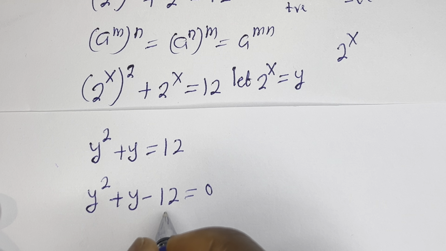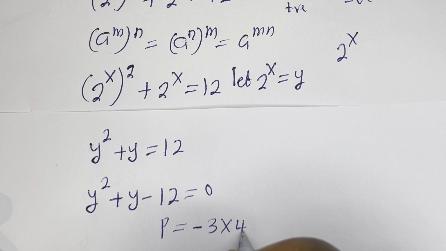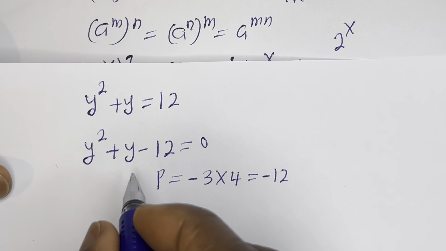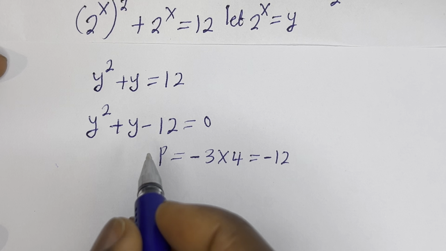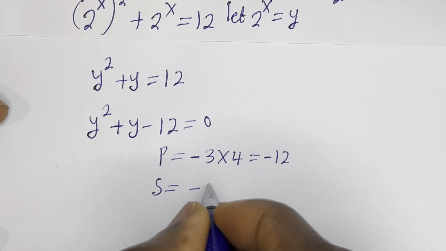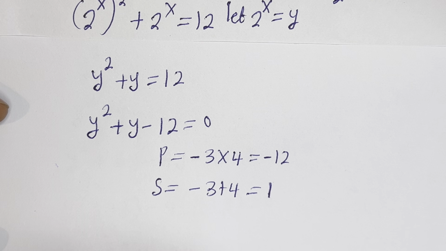And this is, the product is minus 3 multiplied by 4. This is equal to minus 12. And the sum, which must be equal to the coefficient of y, is minus 3 plus 4. This is equal to 1.